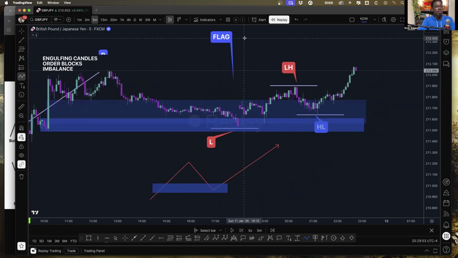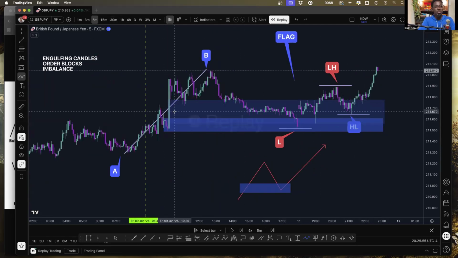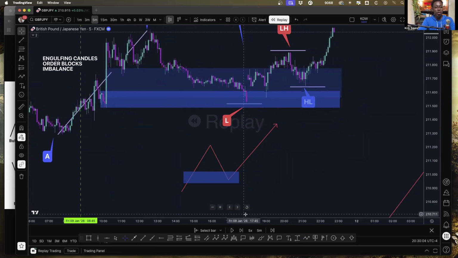Anywho, if we knew that, we got this engulfing candle here, which pointed out this area here, we wouldn't have been surprised when this candle did not drop all the way down here. Because this was a level that we were expecting price could react to, and it did. It went up, came back down.